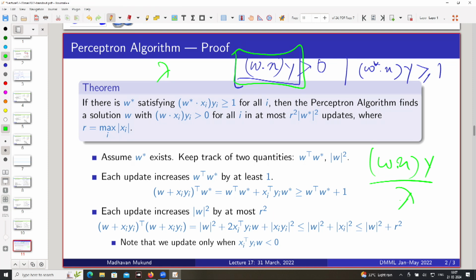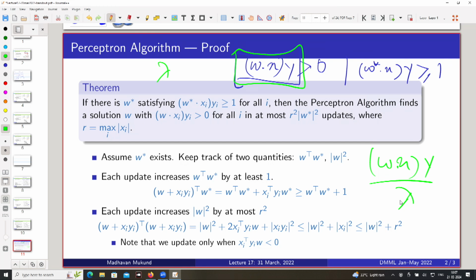From that w, I will find the minimum value of this expression and divide by it. So w star is simply w divided by lambda, and this w star will satisfy this requirement as we want. Therefore, the assumption of this theorem is simply that my data is linearly separable. That's all.